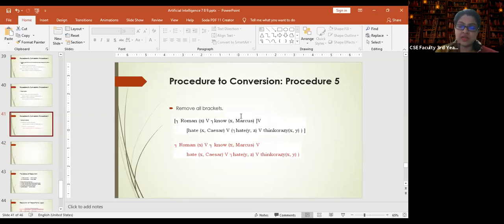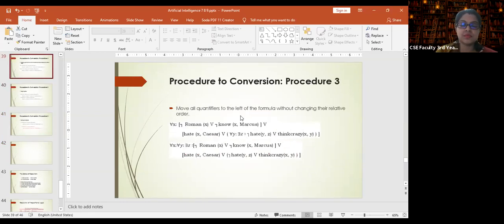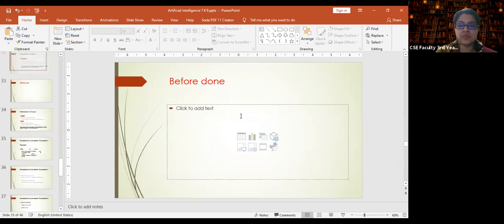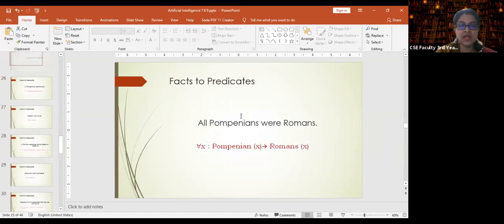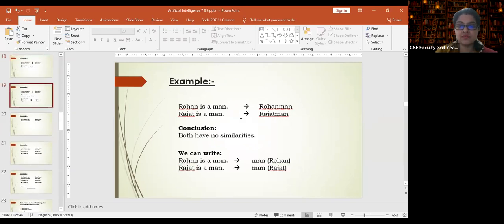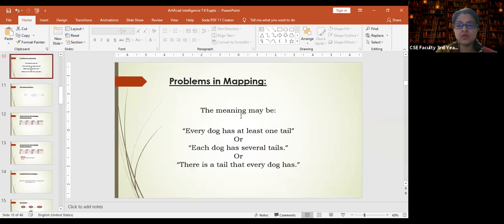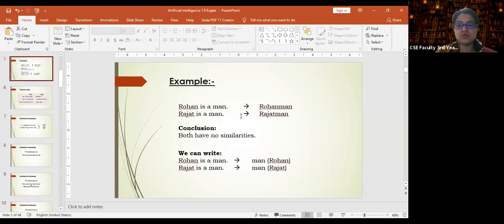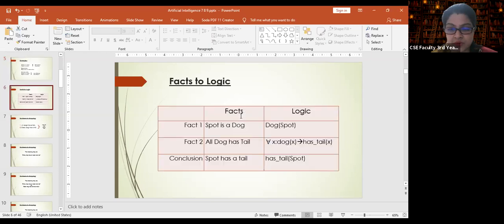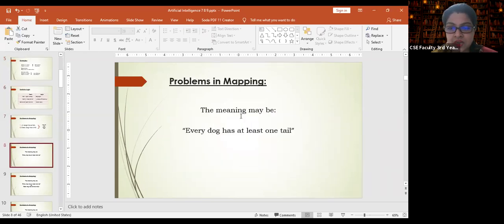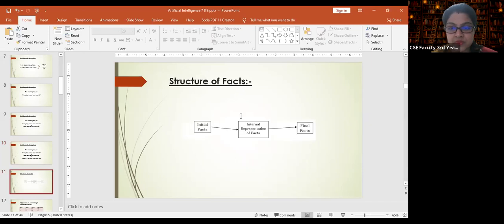So this is how we can convert, and this question may come. From this chapter, the first important thing is that we should know how to represent a particular predicate. After this we saw how ambiguity can come for a particular truth and how we can remove the ambiguities.